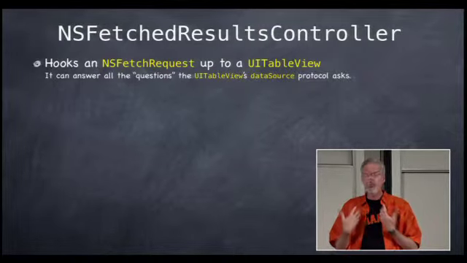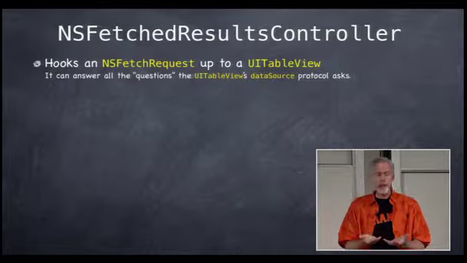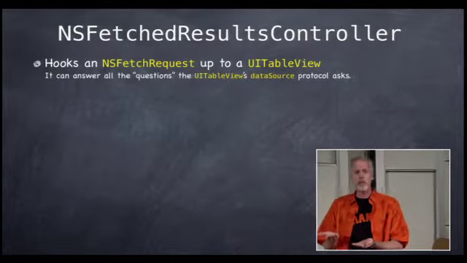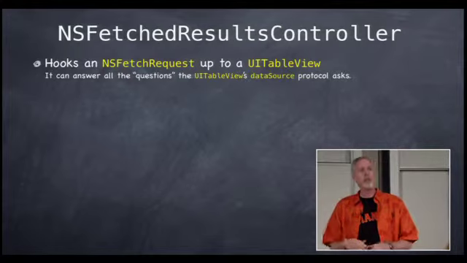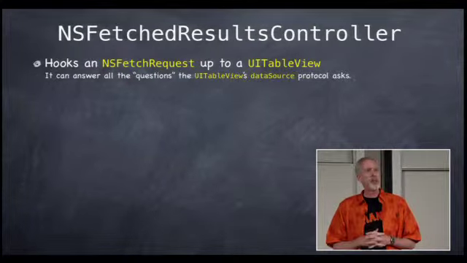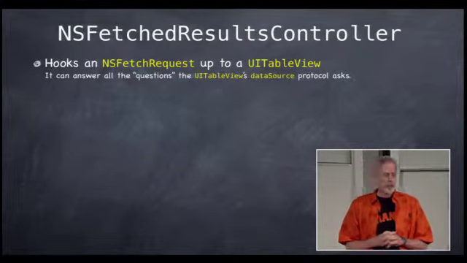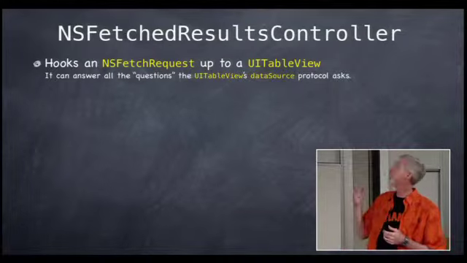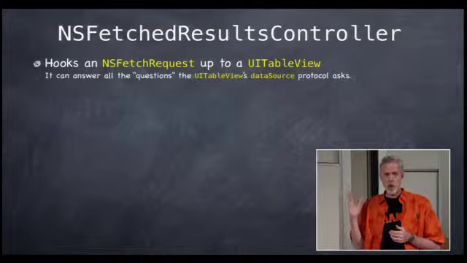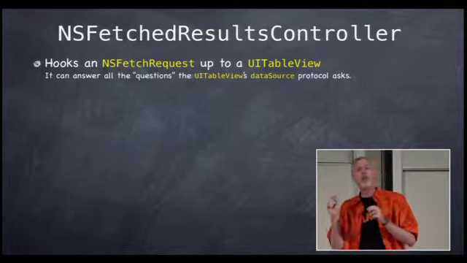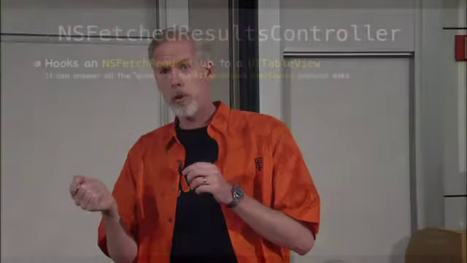Because if we're querying them from the database, if we had a key in the database that specified what section an object was in, well, presumably someone could just automatically put it in the right section and give me sections for free. And in fact, that's true. There's an object in iOS called NSFetchedResultsController, and it hooks up a table view to an NSFetchRequest, essentially, in a way that gives you all that feature set for free, where you literally do almost nothing.